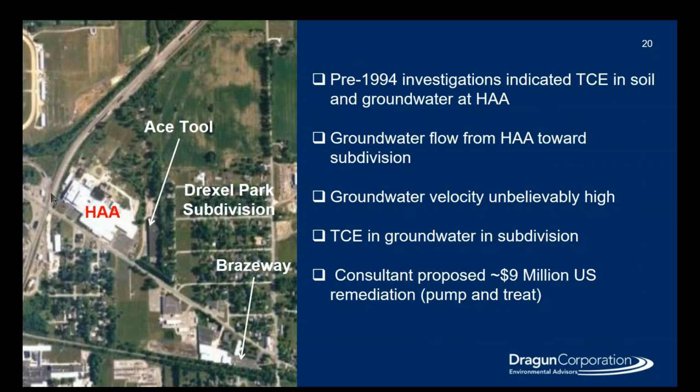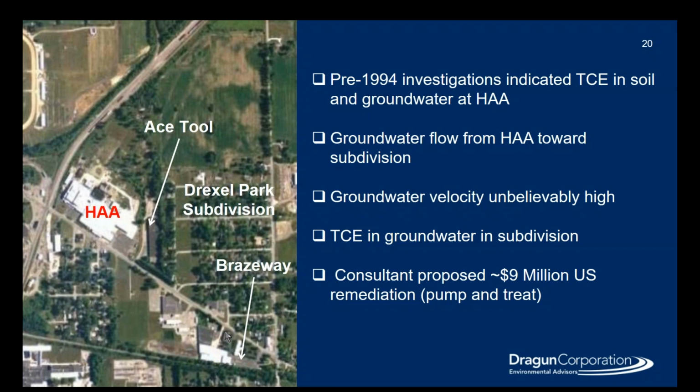HAA was our client. There was a little manufacturing area to the east of that called Ace Tool. And then there was a subdivision of houses that used groundwater called Drexel Park. And then down to the southeast, there was another operation similar to HAA that did the same thing.